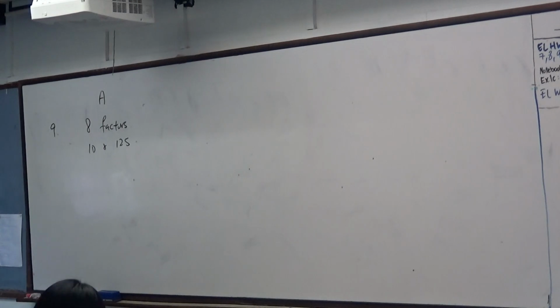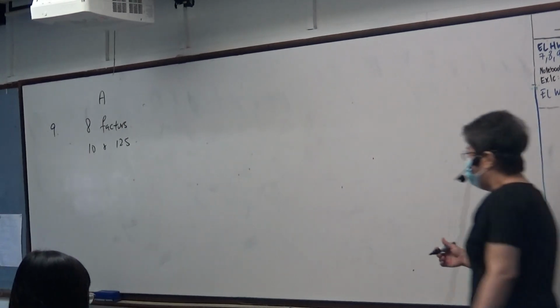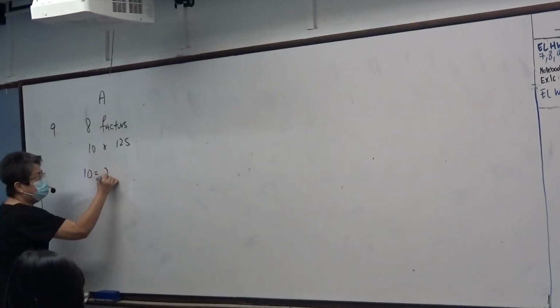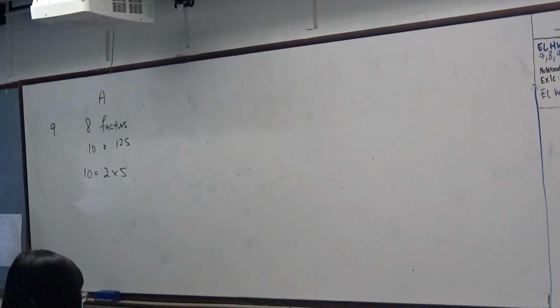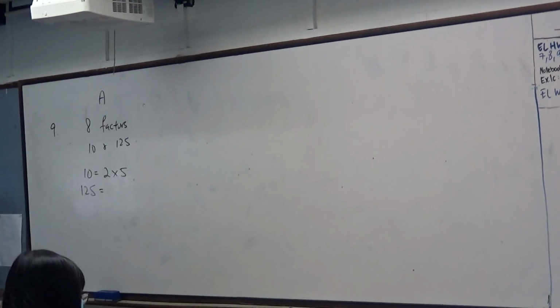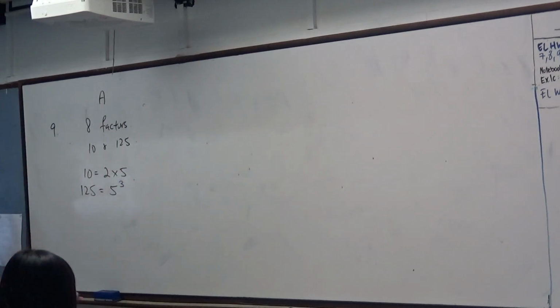So they say list all the factors of this particular number. First of all, 10 is 2 times 5, okay? Yes or no? What about 125? Yes. What's 125? 5 to the power of 3, right?